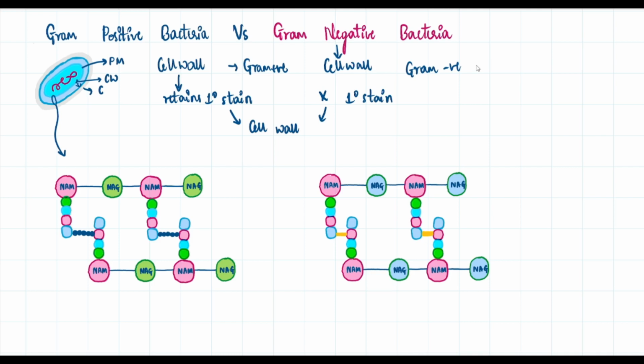In gram-positive bacteria, the cell wall is made up of peptidoglycan layers, about 50 to 100 layers.